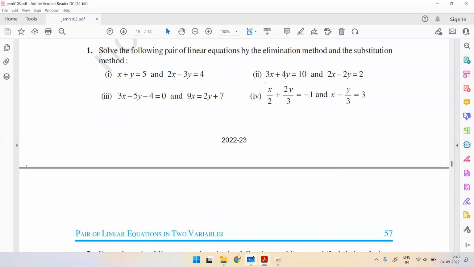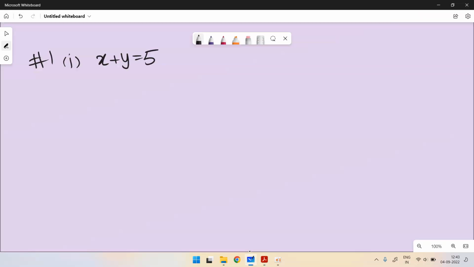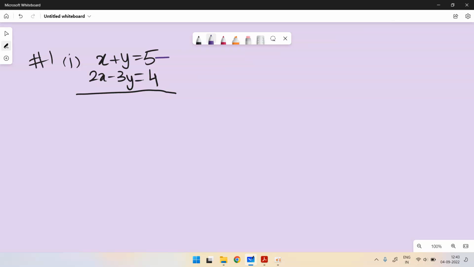x plus y equal to 5 and 2x minus 3y equal to 4. Now if you see this, first equation, second equation, this is minus 3y.